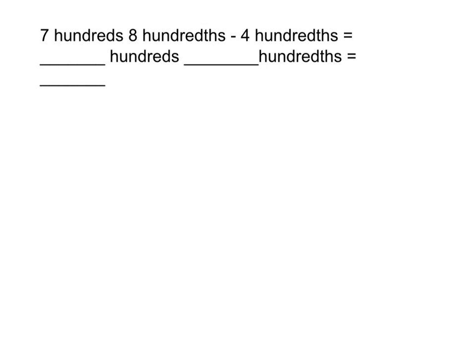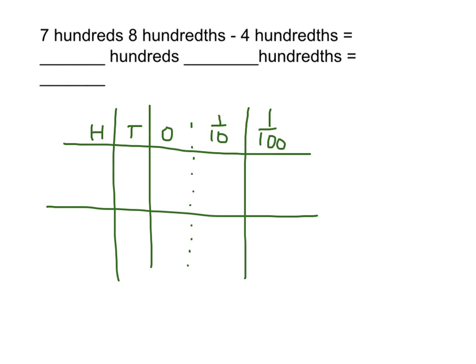So the first thing I want to do is just give myself a nice place value chart. I'm going to need lots of room to work today because I need lots of places. Okay, that'll do. Now my first number, I have 7 hundreds and 8 hundredths. There's my decimal point, so I need to put in my 0 placeholders there. And I'm going to take away 4 hundredths.